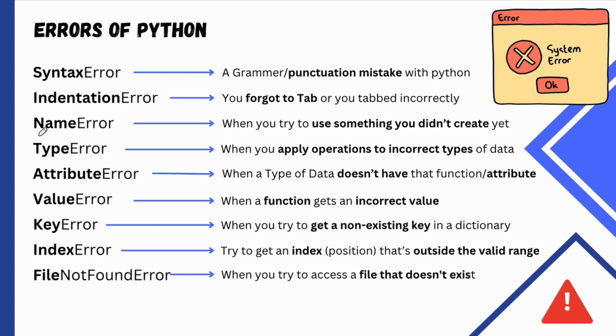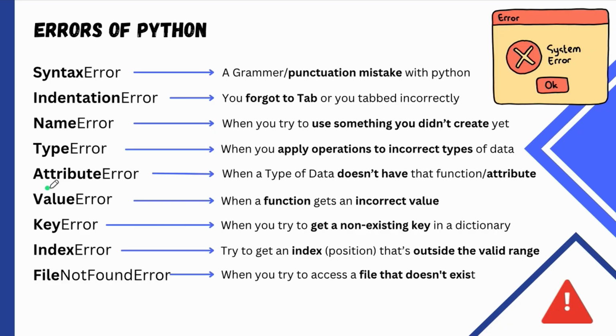Now, our third one, we have a name error. A name error is when you try to use something that you didn't create. So if you try to use a variable that you haven't created, you're going to get a name error. It's like calling your buddy Tom. Hey Tom, but his name is really Chuck. What? Moving on, we have an attribute error. Now an attribute is when a type of data doesn't have that function.